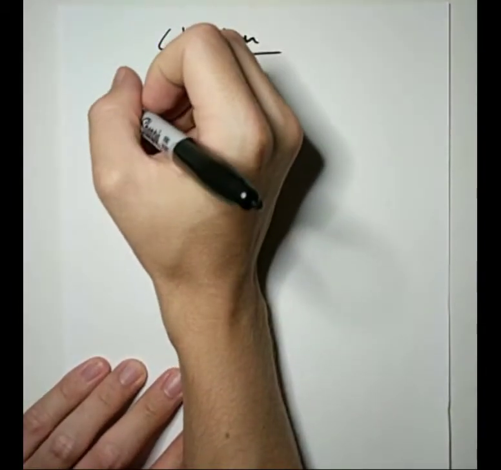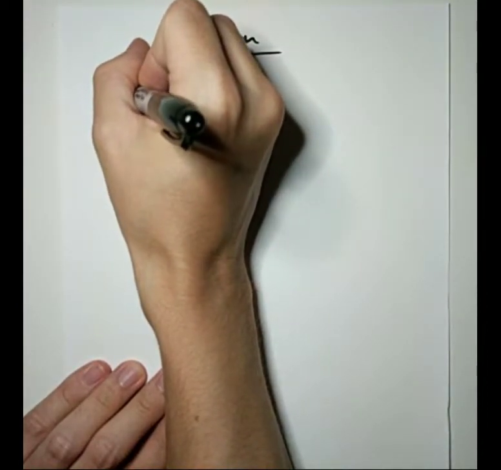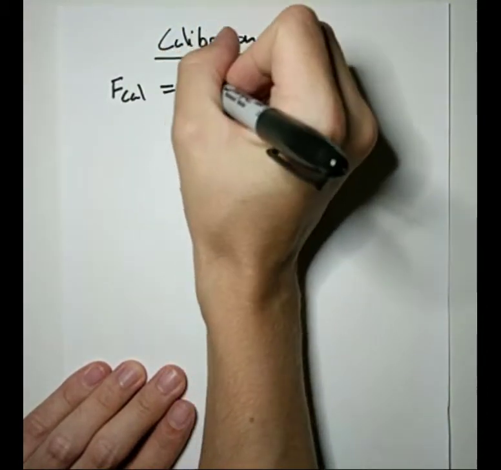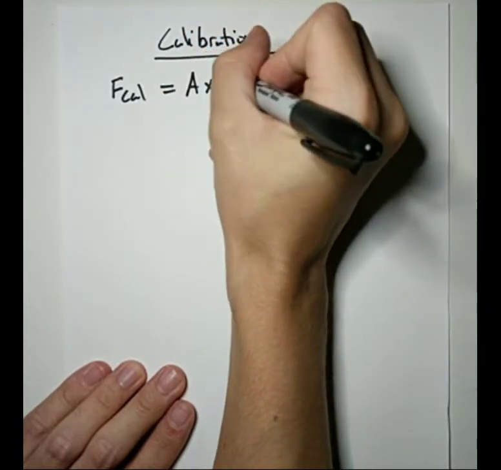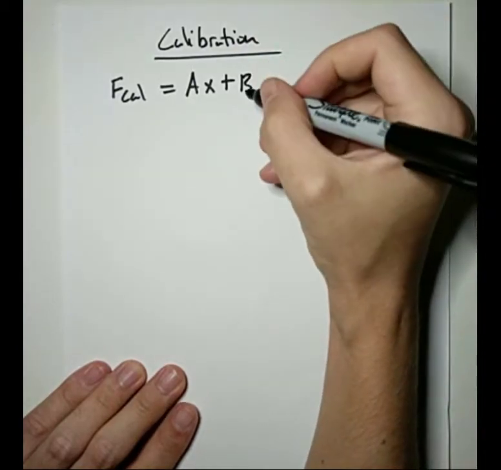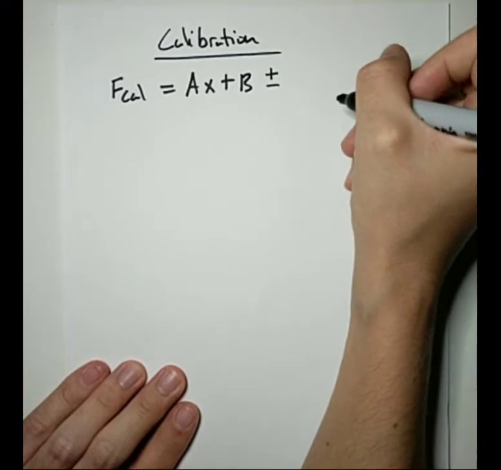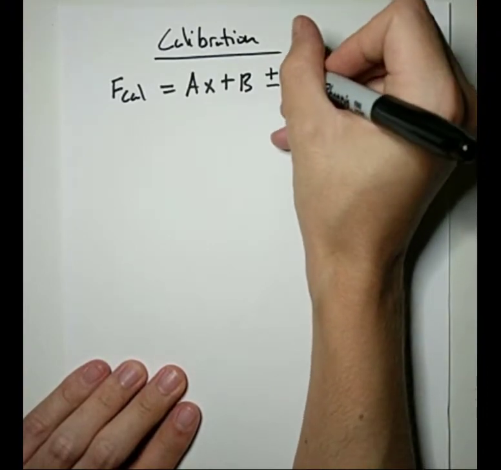So the overall calibration equation, which I'm going to call FCal, is AX plus B, which is our actual calibration part, and then an uncertainty analysis.